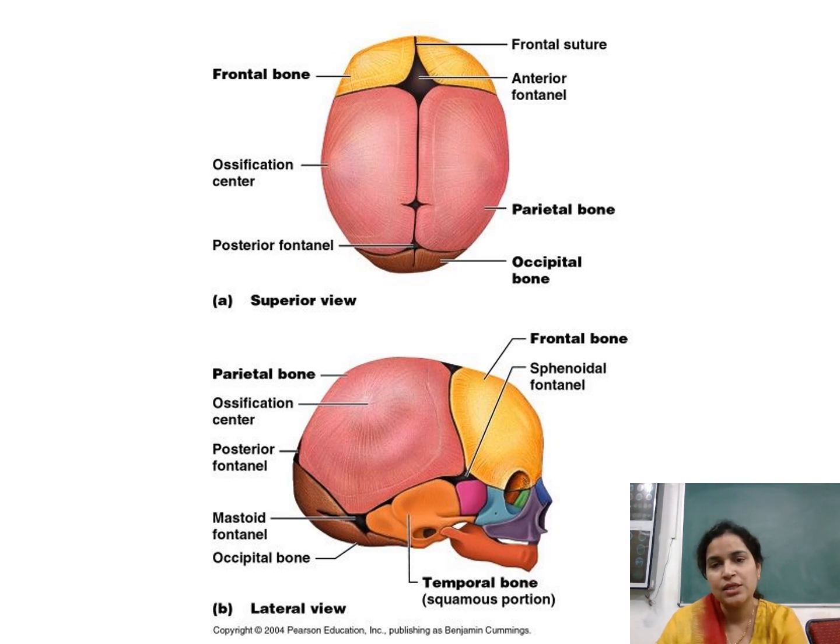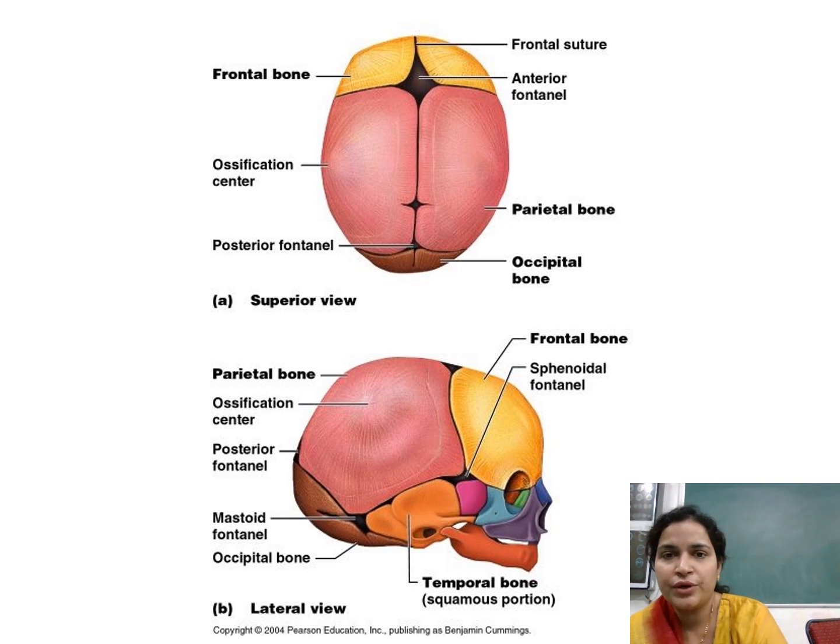These are called unossified membranous gaps, which are the fontanelles. Anteriorly in the fetal skull, this diamond-shaped gap is there. The frontal bone in the fetal skull is also in two equal halves, which afterwards get fused. This anterior, diamond-shaped fontanelle is also called the bregma.